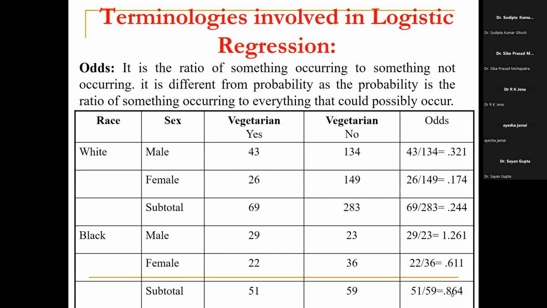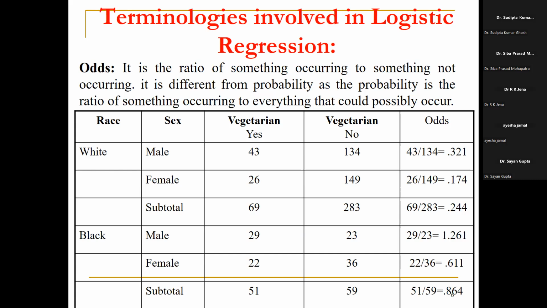If you combine both with respect to white people, the odds are 69 divided by 283, that is 0.244. Again, it is saying that for white, there are more non-vegetarians than vegetarians.